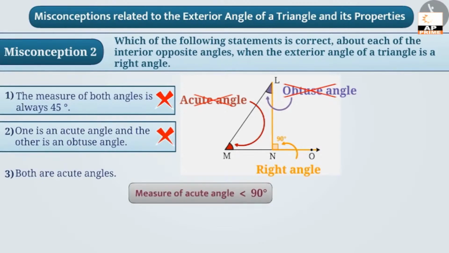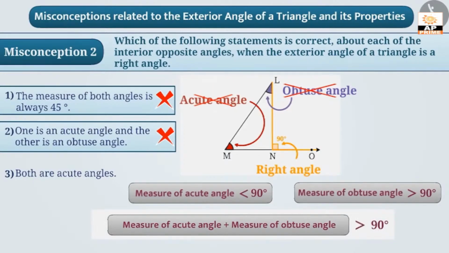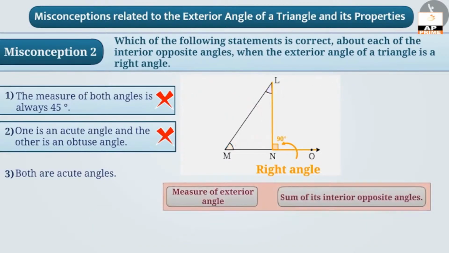An acute angle measures less than 90 degrees and an obtuse angle measures greater than 90 degrees. If we add them, then the total measure will be more than 90 degrees. Which means when the exterior angle of a triangle is a right angle, then the interior opposite angles cannot have one acute and one obtuse angle. The correct understanding is that the measure of the exterior angle of a triangle is equal to the sum of its interior opposite angles.